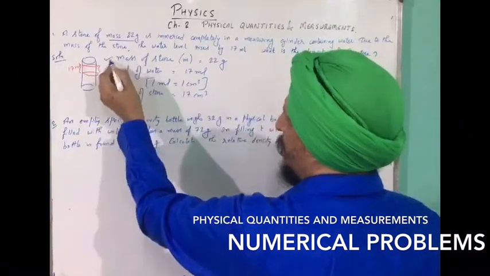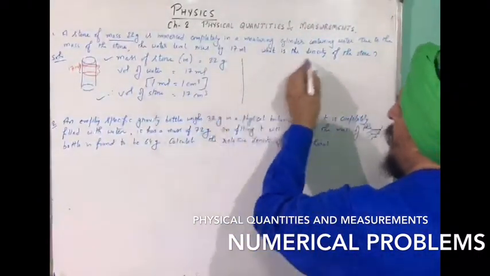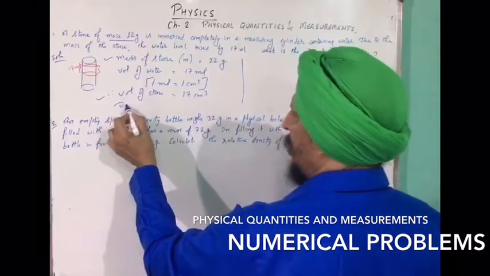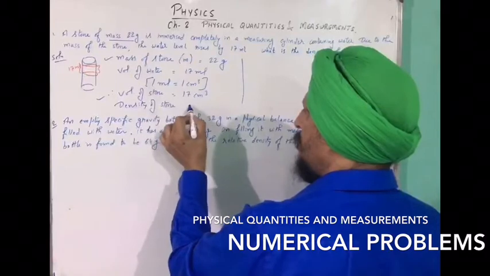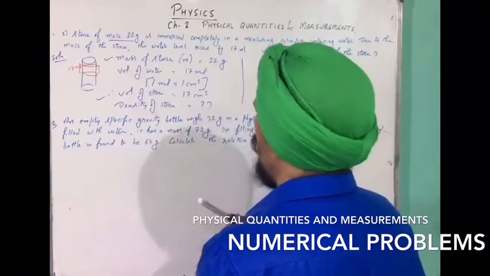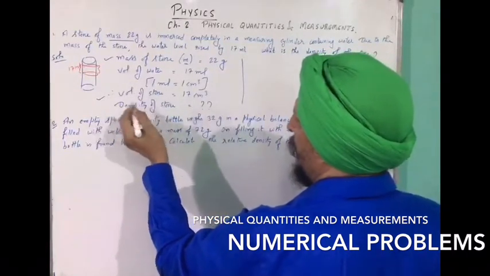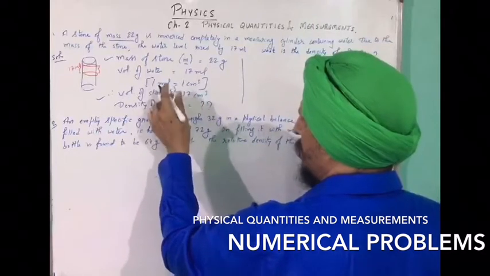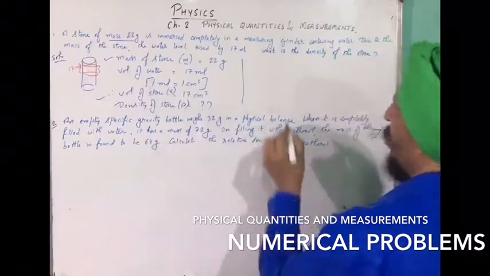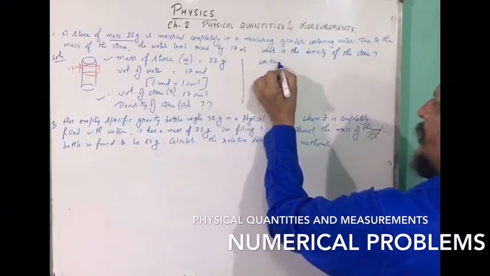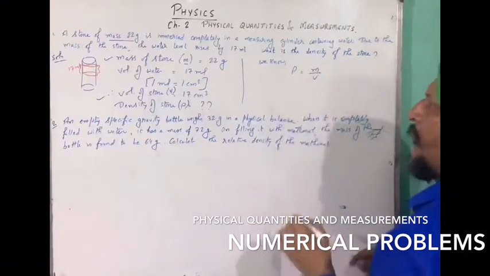This is the mass of stone and this is the volume of stone. Now you have to find the density of the stone. Mass is M, volume is V, and density is D. You know very well that density equals mass by volume.